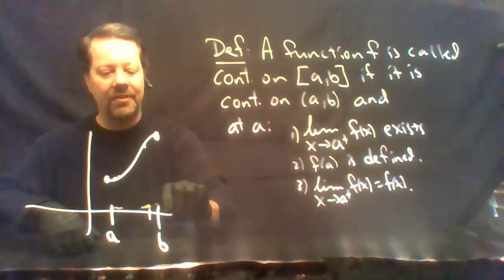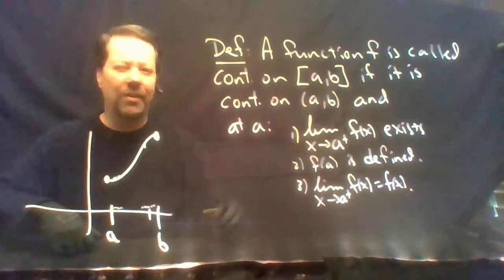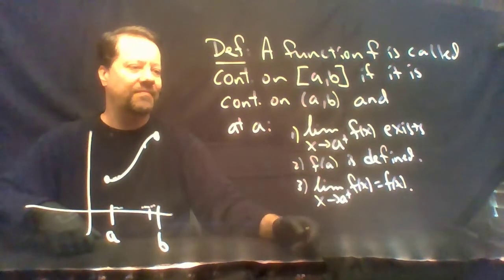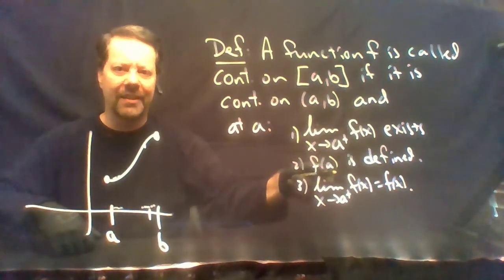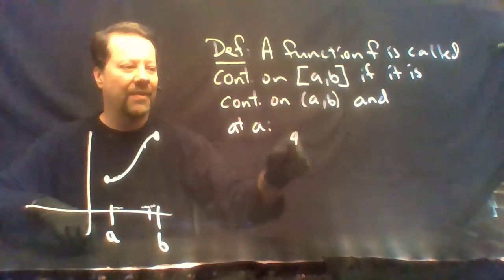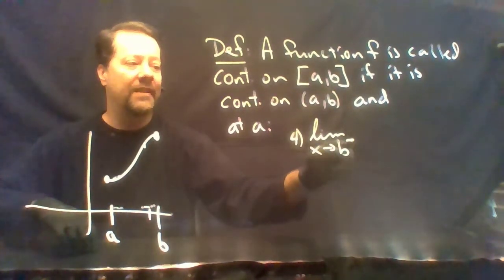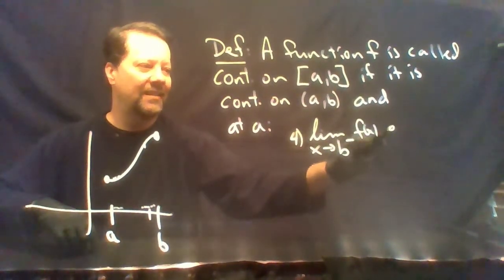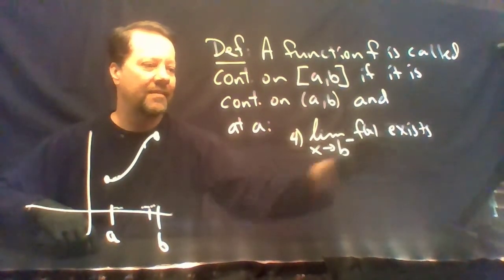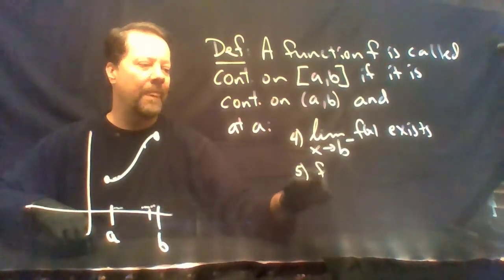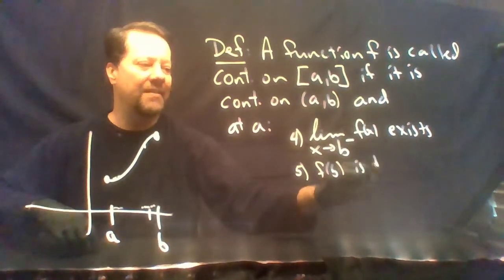Similarly, as you go to b, you have to go from the left. So we're going to add 3 more conditions. 4, the limit as x goes to b from the left exists. 5, f of b is defined.